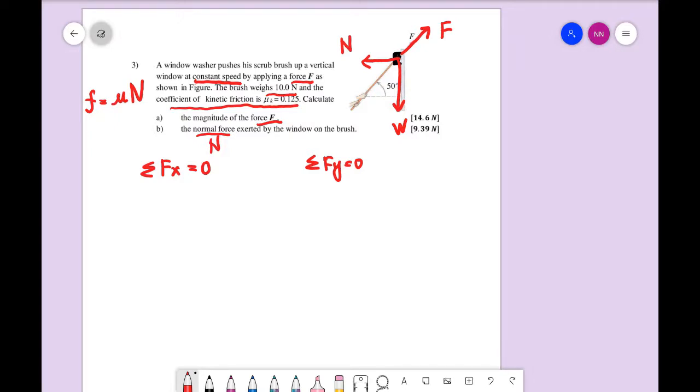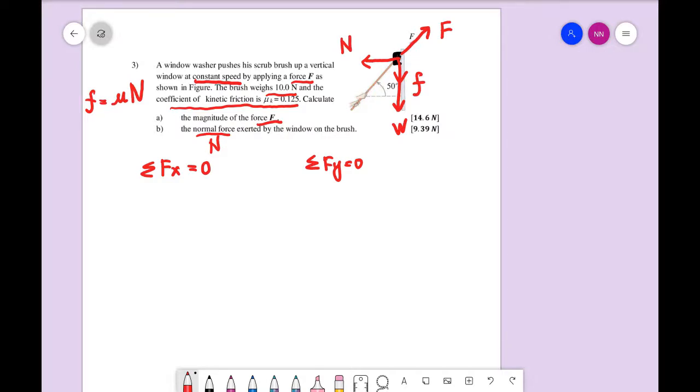So for this case, we can make an assumption that the force F is big enough to move up the window. So the frictional force is down the window. Okay? It is along the window, along the surface. Friction will be along the surface and away from the direction of motion.